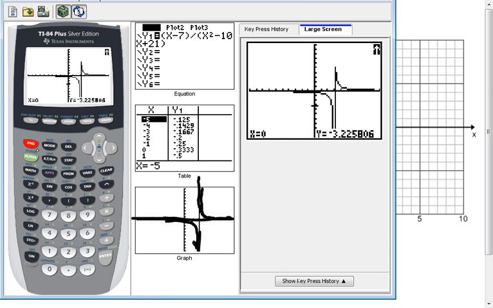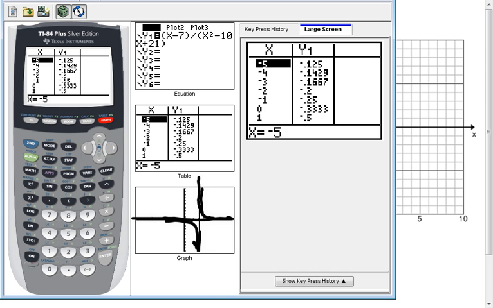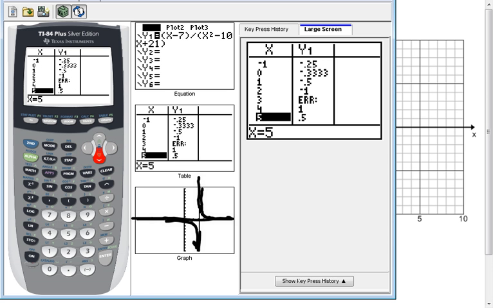Oops, I want to be on my table. Okay, so let's see. And we do have that error at x equals 3, so it's right there. That's good. Okay, and then I want you to notice that it looks like we have a horizontal asymptote at y equals 0. Does y ever equal 0?